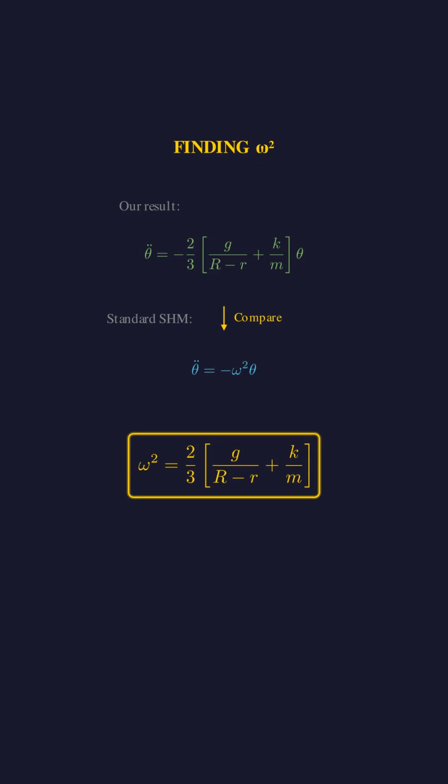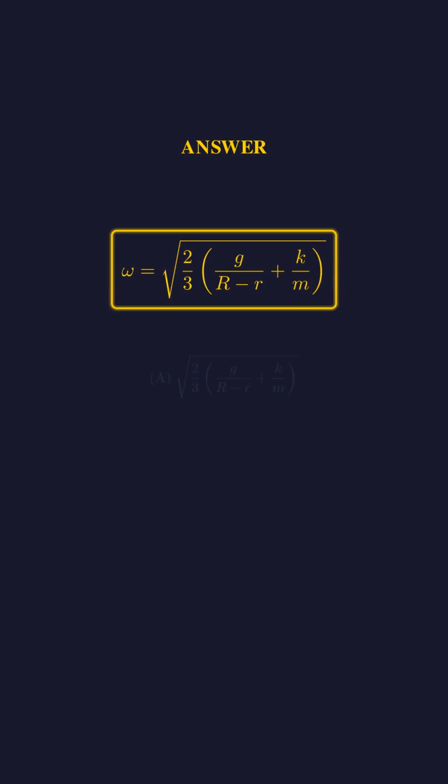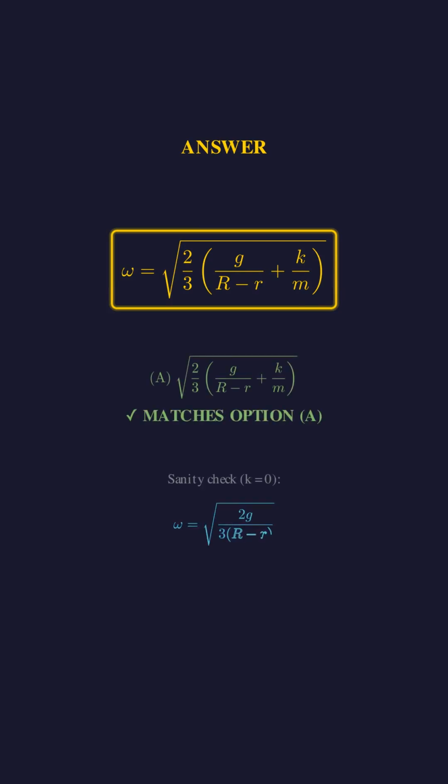Comparing with the standard SHM equation, theta double dot equals minus omega squared theta, we read off omega squared equals 2/3 times (g over (R minus r) plus k over m). Therefore, omega equals the square root of 2/3 times (g over (R minus r) plus k over m). That matches option A perfectly.